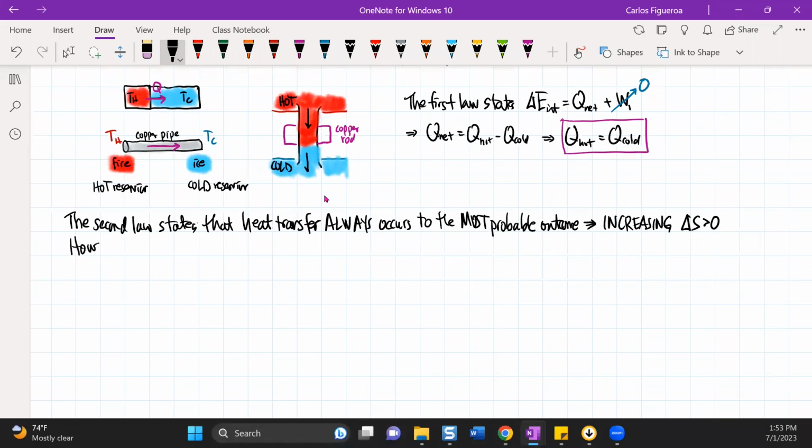However, the second law forbids the opposite transfer.